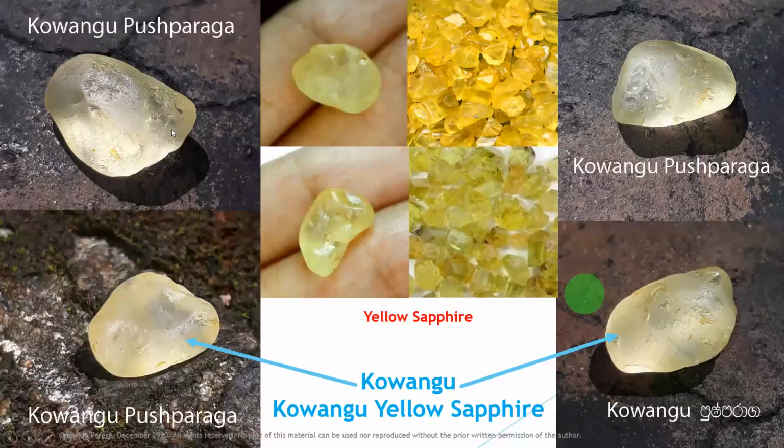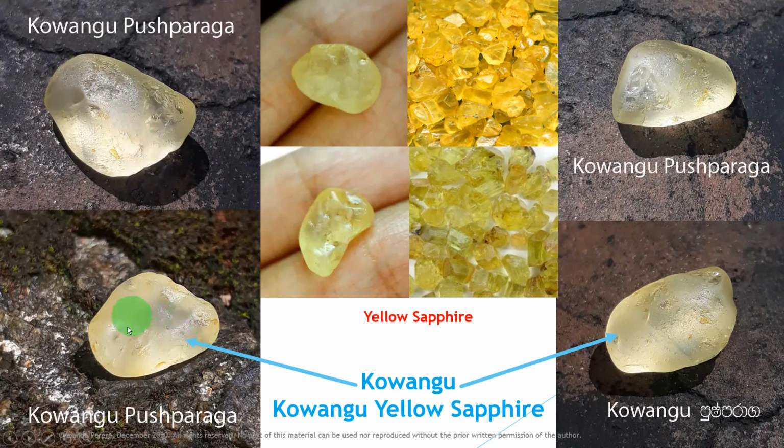Then this is Kowngu Pushparaga. That means Kowngu Yellow sapphires. Kowngu means we can't cut with the star. We can't find stars with Pushparaga because the inside hexagonal titanium creation base is not there. Instead of that, there is a sheen.